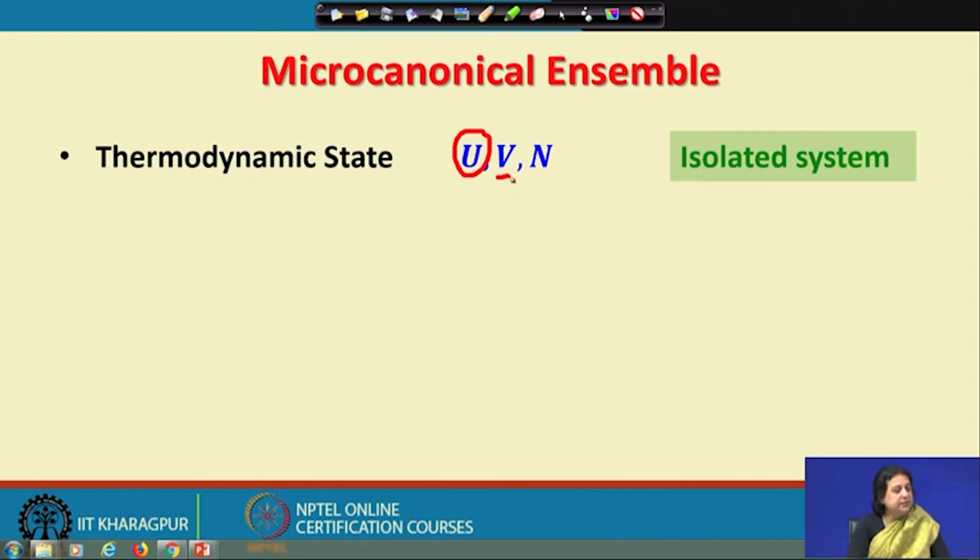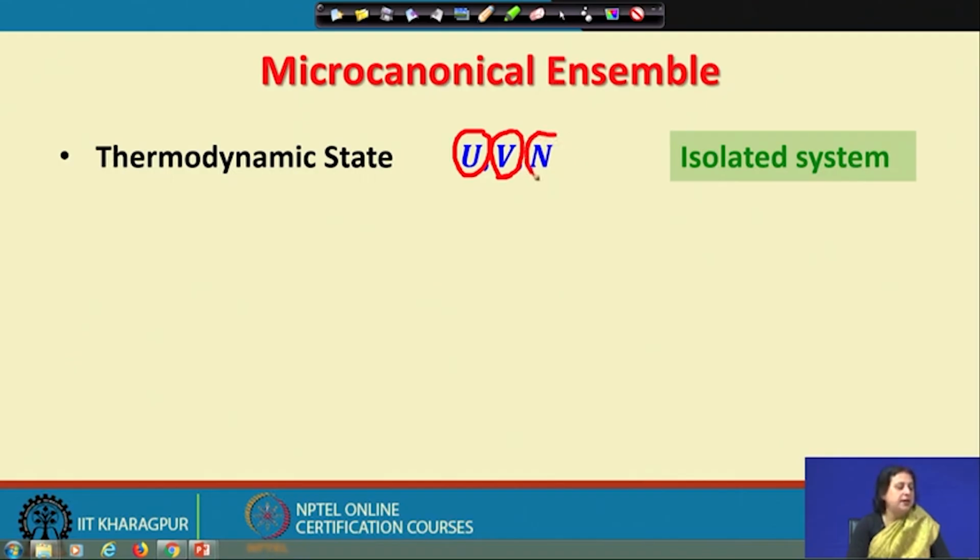Now, if the system is surrounded by a rigid wall, in that case its macro state will be characterized by a given value of volume V, which is the volume of a box or the space contained within the bounding walls of the system.